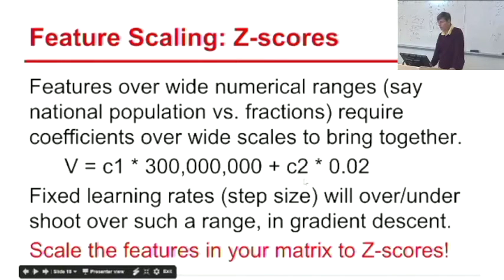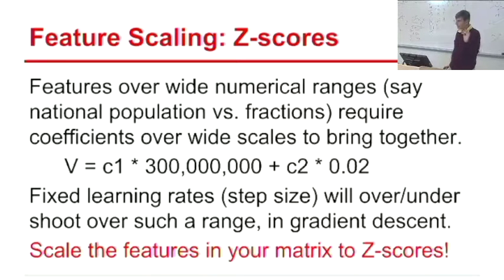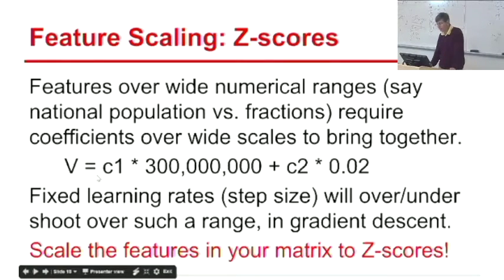And in principle, in the world of matrices being multiplied in perfectly precise arithmetic, it doesn't really matter. But in the real world of how these things get solved, there are numerical issues that tend to be a problem if the coefficients span big ranges. Okay?